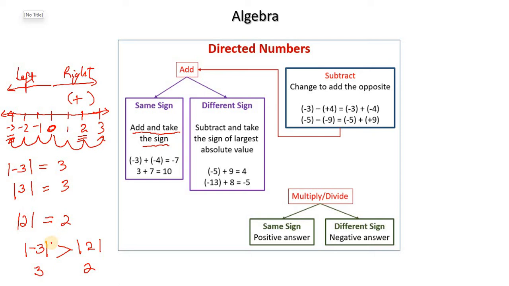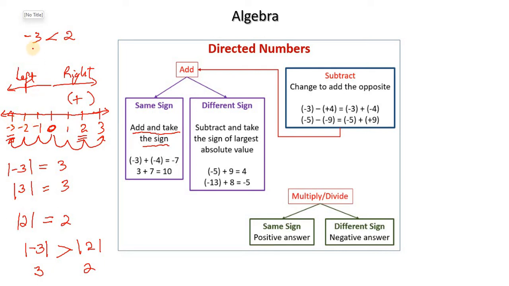But -3 in itself is smaller than 2. -3 is less than +2, because numbers to the left of 2 are smaller than 2. Like 1 is smaller than 2, 0 is smaller than 2, -1 is smaller than 2. So the more you go to the left, the smaller the numbers get.